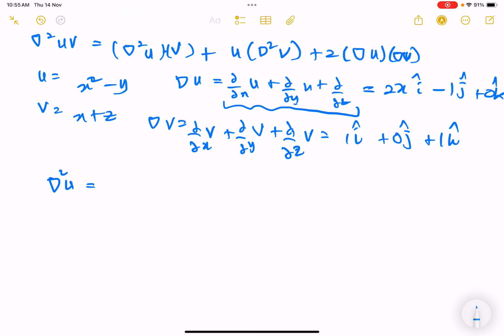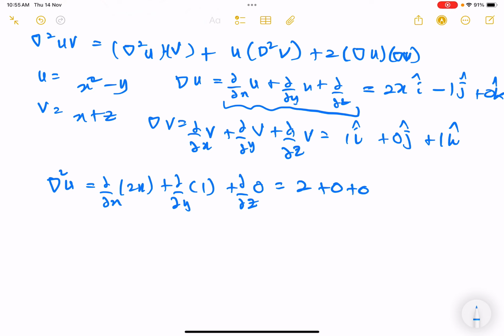So you have x, j, k, which is again, right, y, 1, z, of 0, equals 2 plus 0 plus 0.